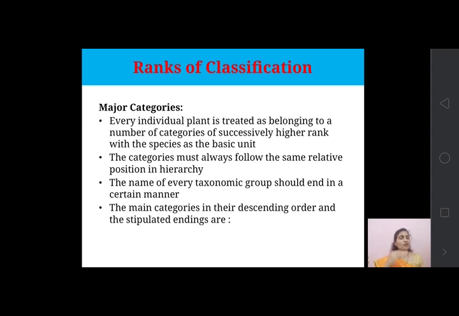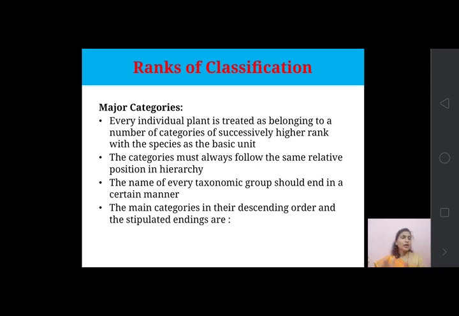But family, order, class, division, all these taxonomic groups should end in a certain manner. That means they have specific suffixes or endings.